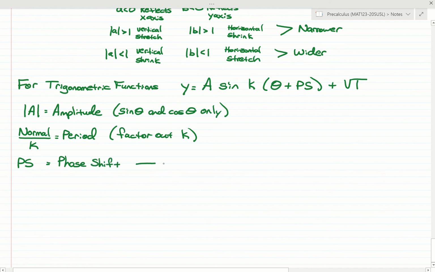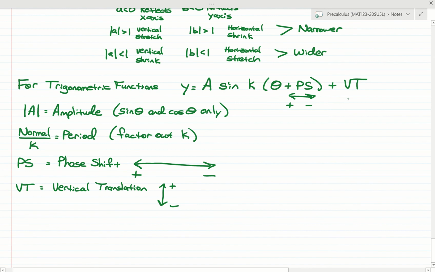And phase shift moves the graph left and right. Positive goes left, negative it goes right. And then VT stands for our vertical translation. That just means translation up and down. If it's positive, it goes up, negative, it goes down.